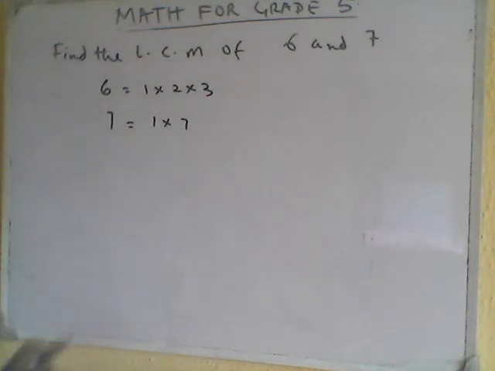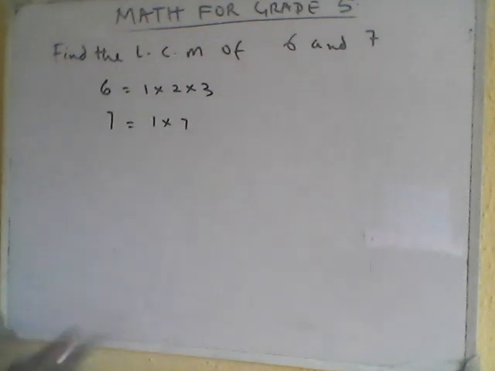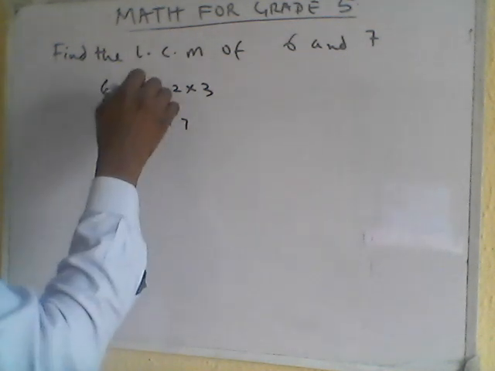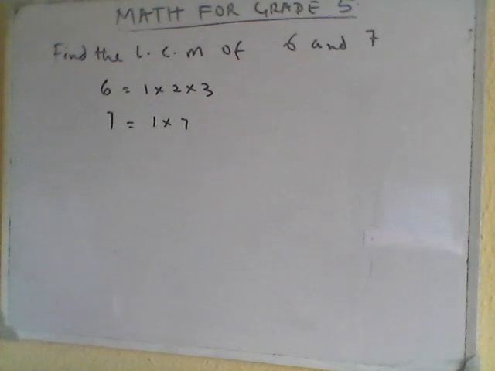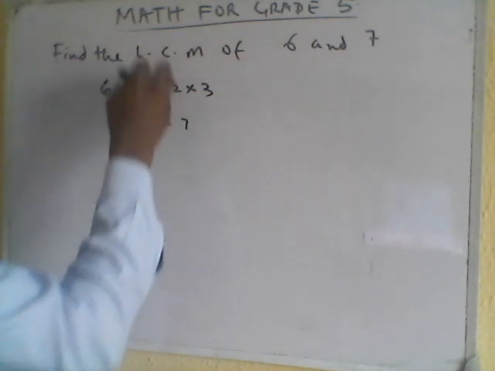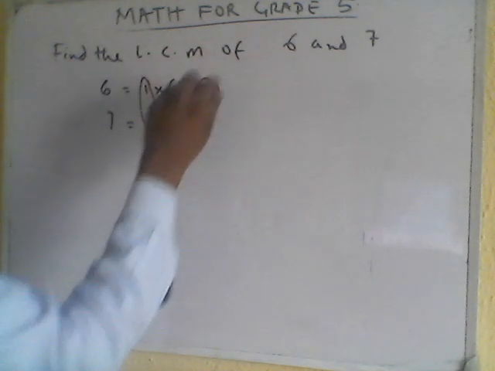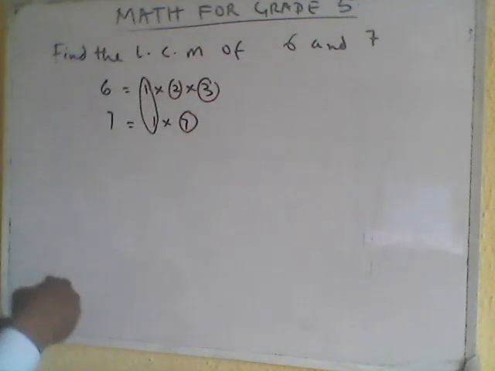So for LCM, you are mixing both the common factors and the independent factors. So I have one common factor here. Let me use the red marker. This is one common factor. Then I have independent 1, 2, and 3. So I'm going to pick all this one after the other.